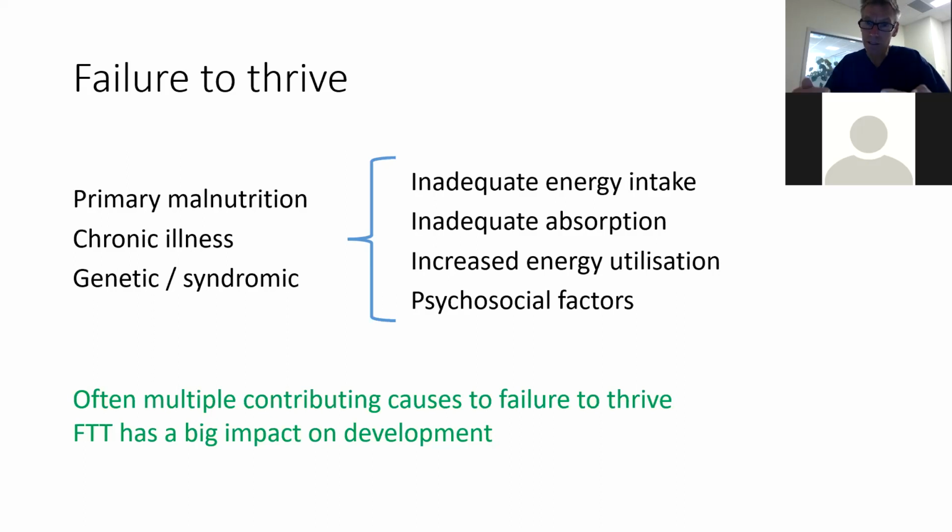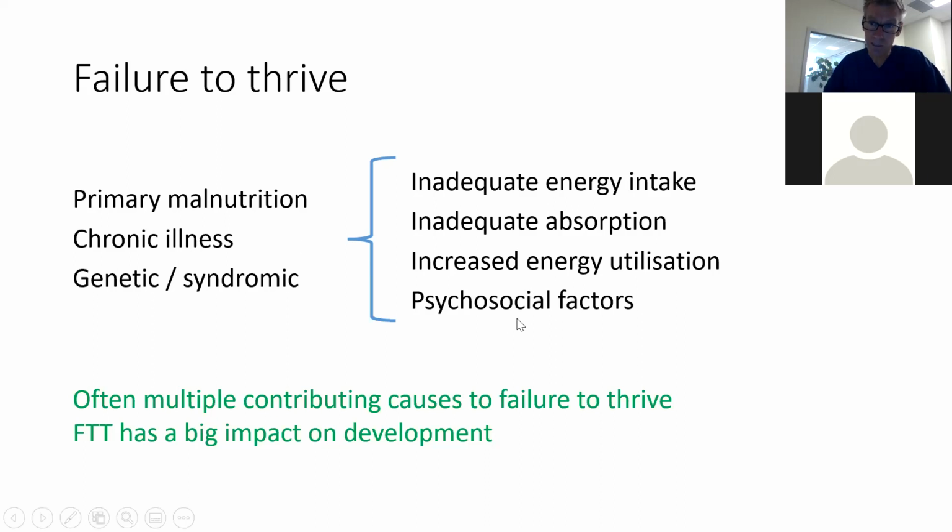So inadequate energy intake, inadequate absorption, or increased energy utilization. For some children who've got a chronic inflammatory condition, whether it's chronic tuberculosis or HIV or some chronic osteomyelitis, they will have increased energy utilization. No matter how much energy they take in, it still won't be enough.